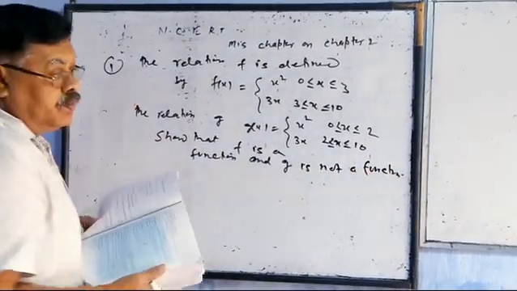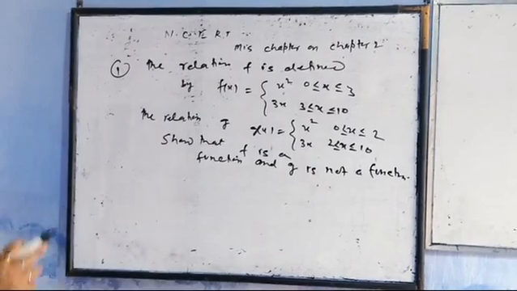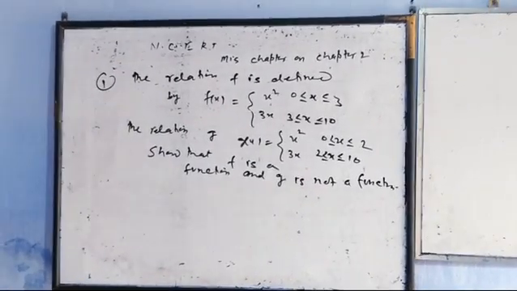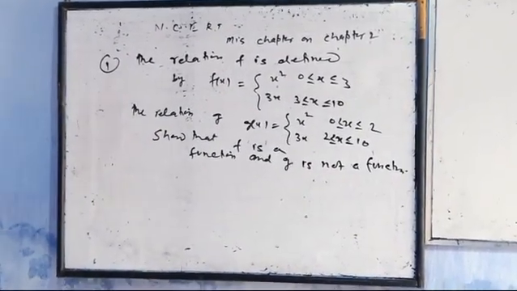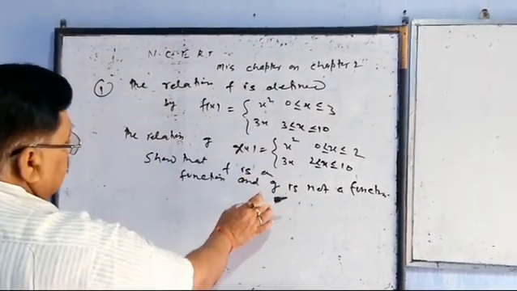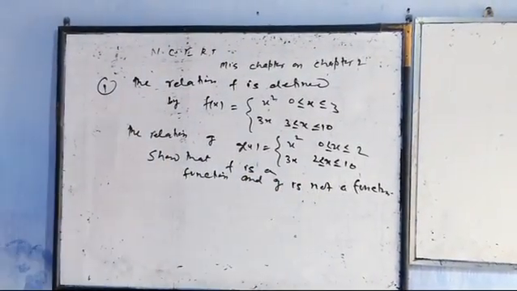We have to prove, student, this is miscellaneous of chapter 2 of the NCERT book, that f is a function and g is not a function.